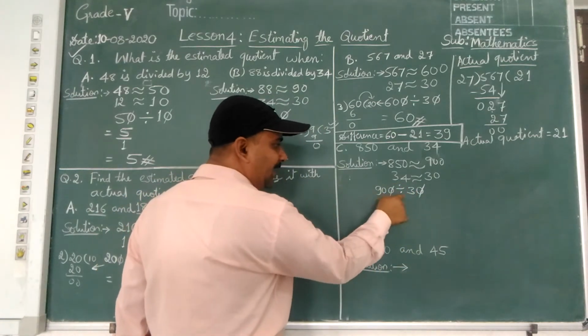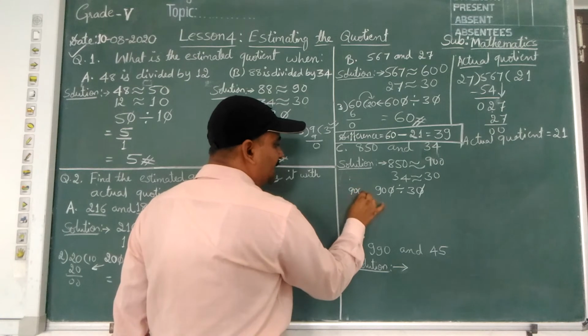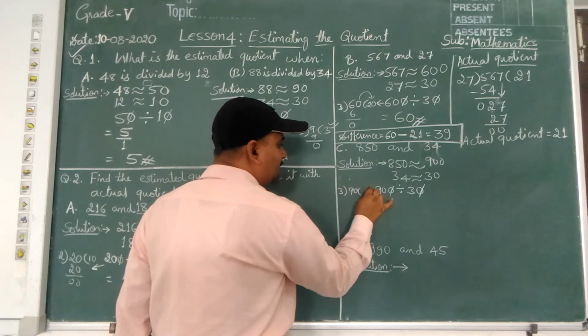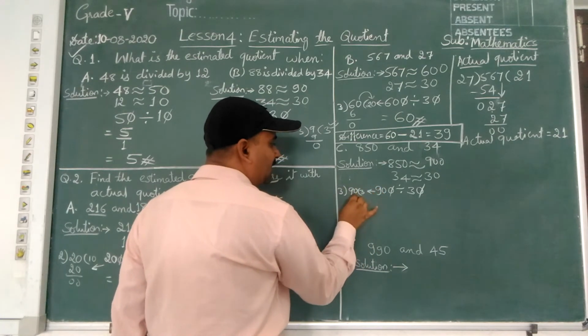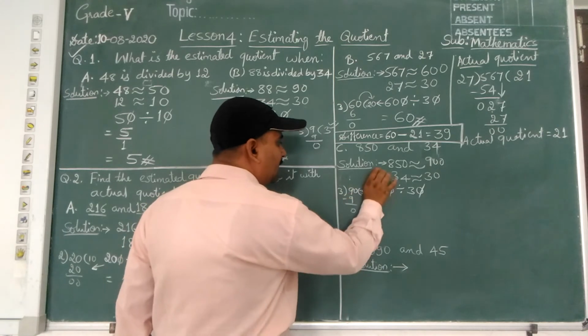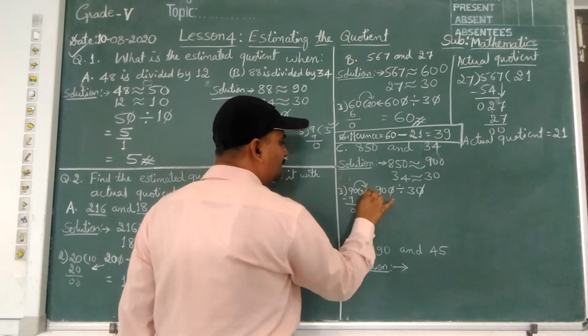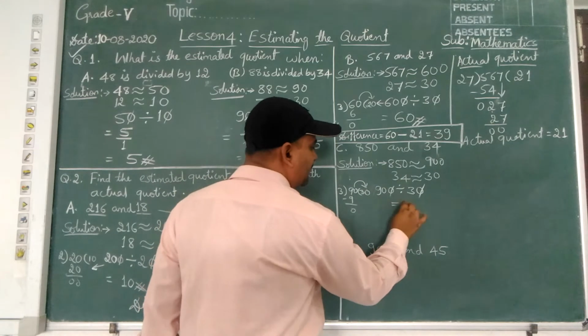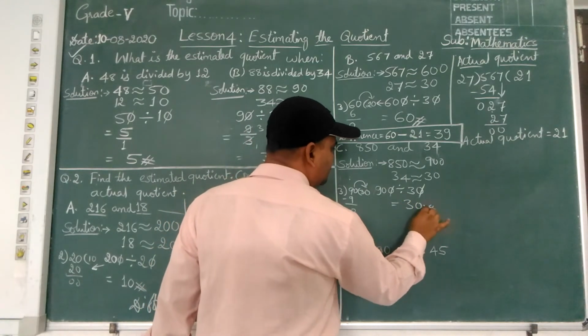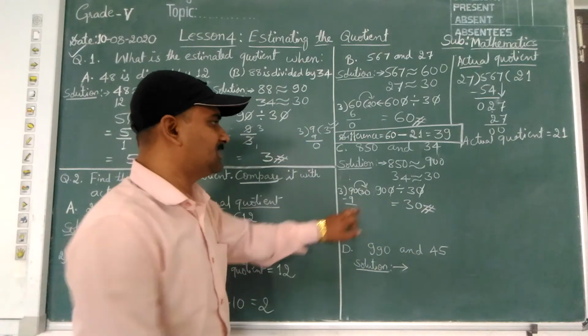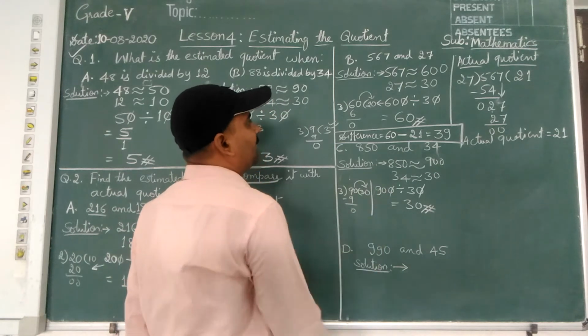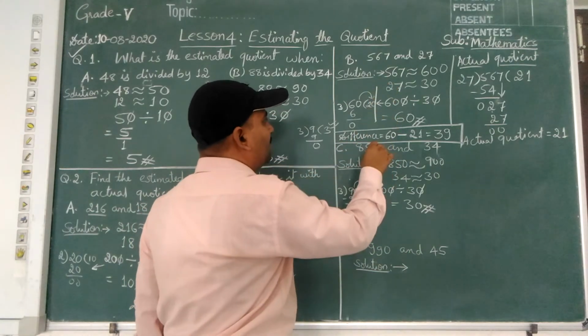You got 90 divided by 3. Let us do 90 divided by 3 here, children. 3 3s are 9, so this 0 comes here. So estimated quotient you got is 30. Okay, these are all the rough work.